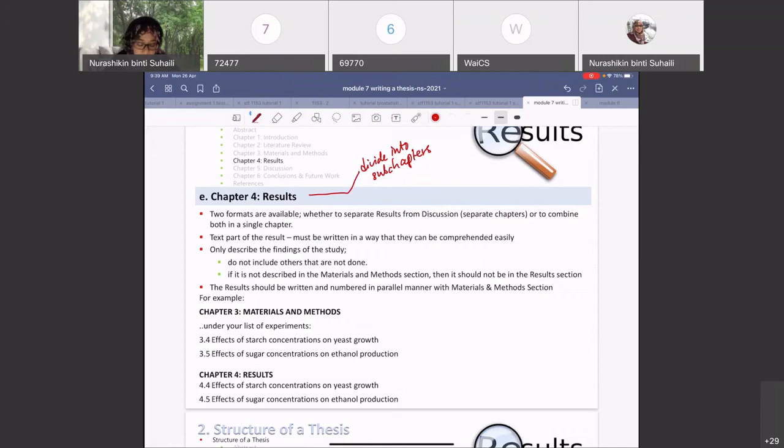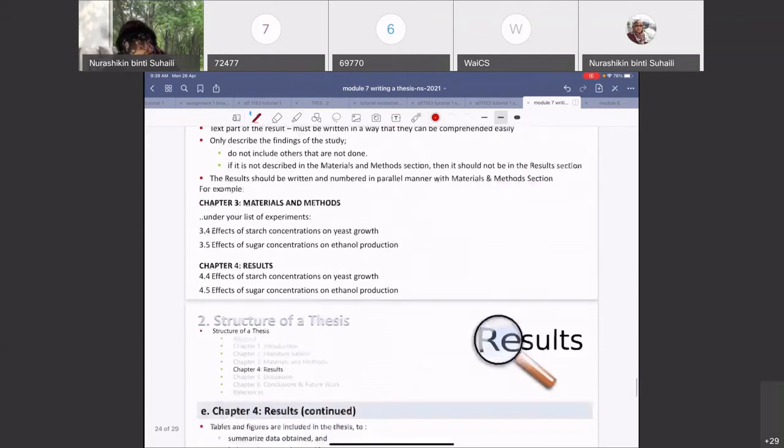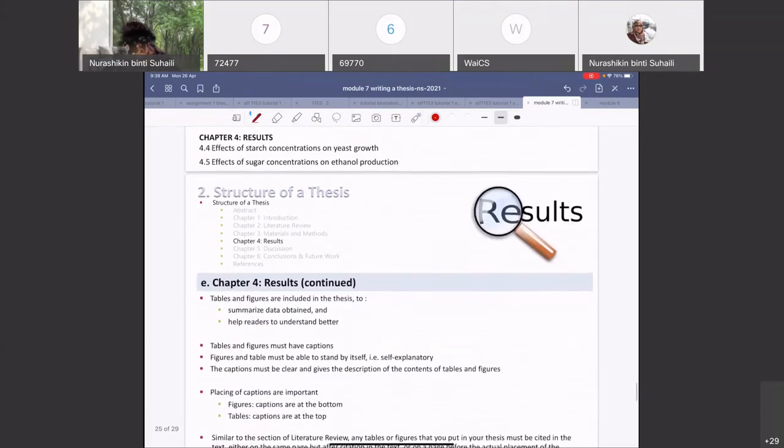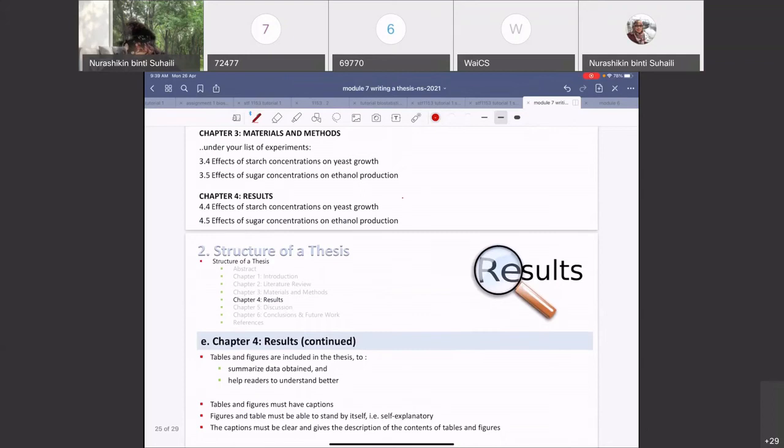Let's say the results are in chapter 4. You should put 4.1 as this, 4.2 as that. This is how I write the subchapters: effects of starch concentration on yeast growth, which means on yeast growth first, and then after that on the ethanol production.